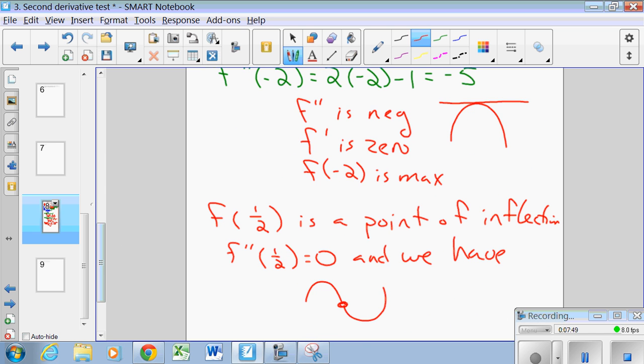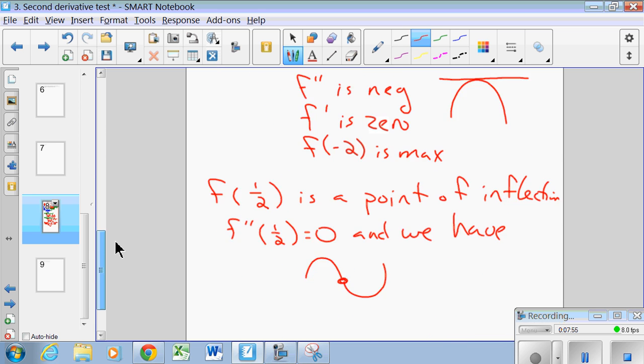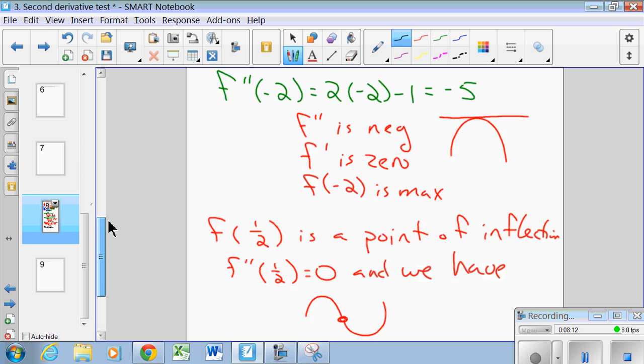So here where we said, what is f of negative 2? Find f of negative 2. It says find f of 3. Let's actually plug in f of 3. And where that's f of 1/2, let's plug in f of 1/2. What was the rest of it? Is that right so far?